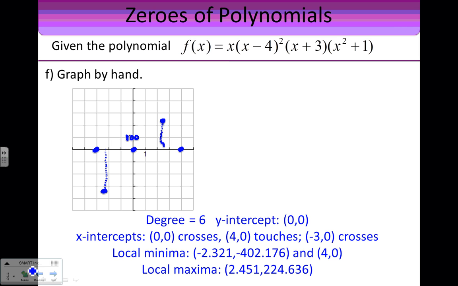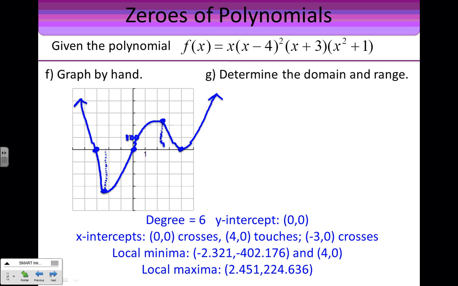Starts high and ends high, crosses through negative 3, crosses through 0, touches at 4, and comes back up. Okay, so that's how you use that information to determine what your graph is going to look like.